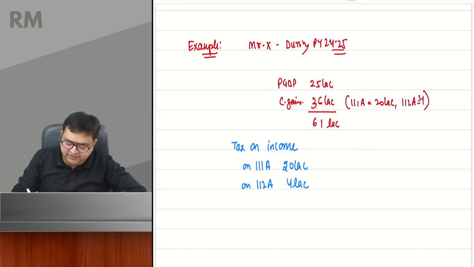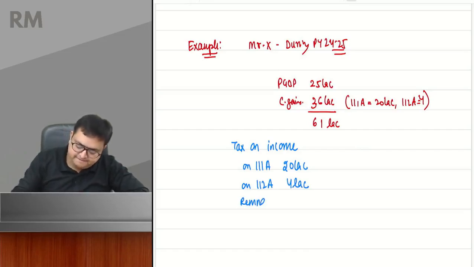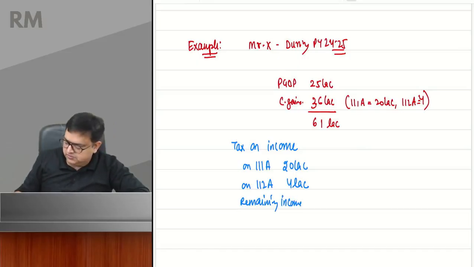Casual income we don't have. And the remaining income is how much? 37 lakh. Correct, 37 lakh.